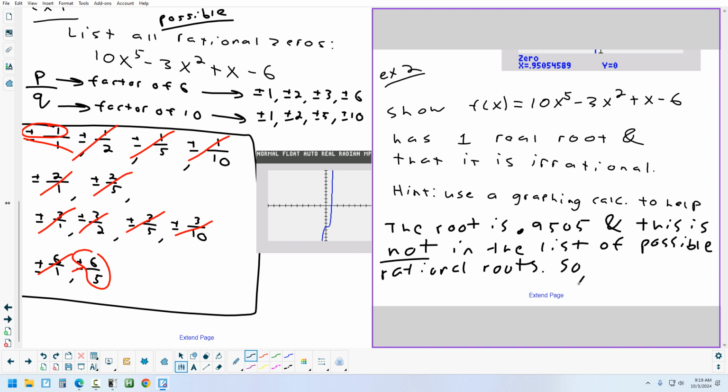So it must be irrational. Any questions on that? It has to be irrational. Because 6/5, that's 1.1 repeating. That's not 0.9505. And the only other one that looked even close was positive 1. That's not positive 1 either. It's 0.9505.